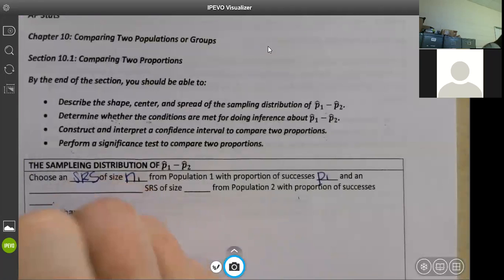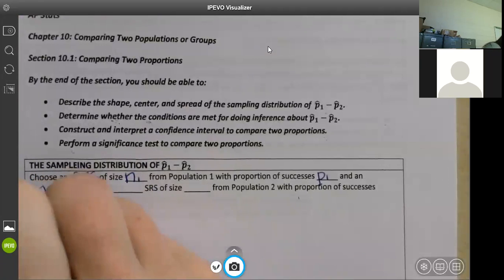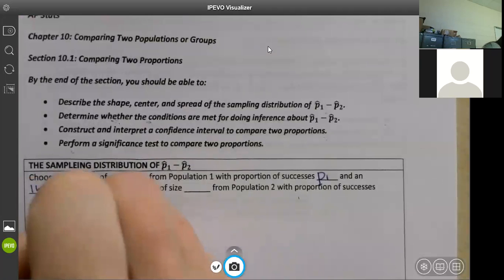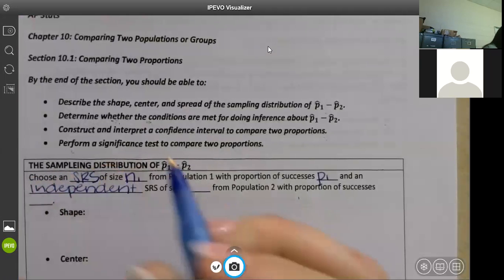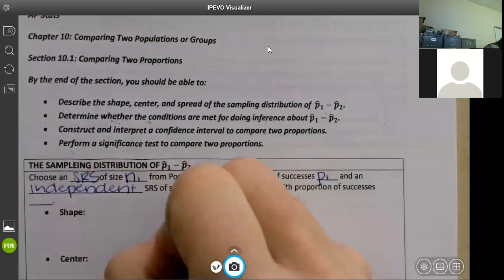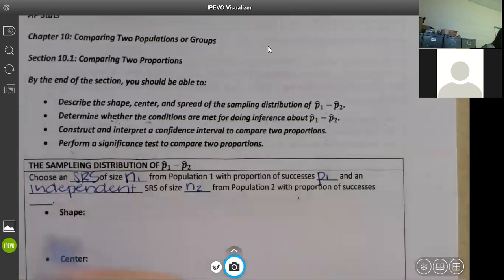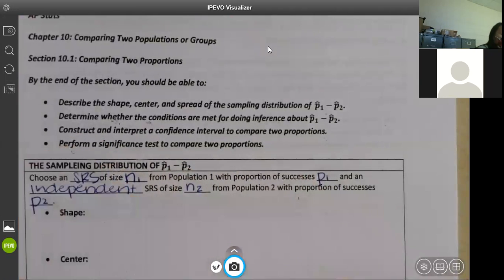And an independent SRS of size N2 from population 2 with a proportion of successes P2.